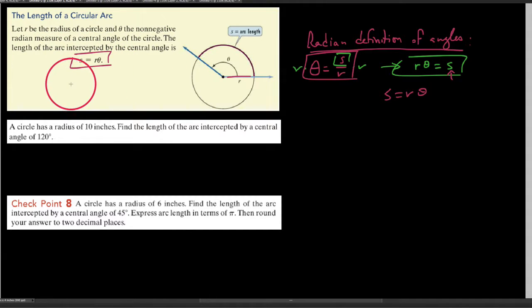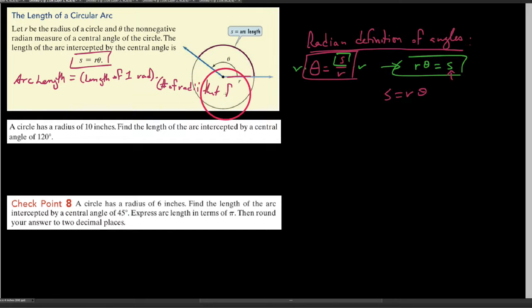We want to memorize this formula, but one thing I want to put into context is this. If we were to write out what this means, it means that the arc length is equal to the length of one radius times the number of radii that fit into the arc.